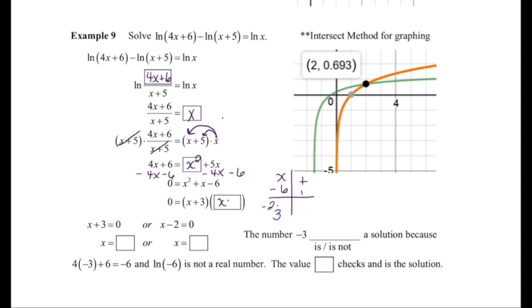So (x plus 3)(x minus 2). When I set both factors equal to 0, we'll have negative 3 and 2. We know that we can't use negative 3 because negative 3 is not in the domain. But certainly that 2 does check out. And then we see using the intersect method that 2 also works as well.